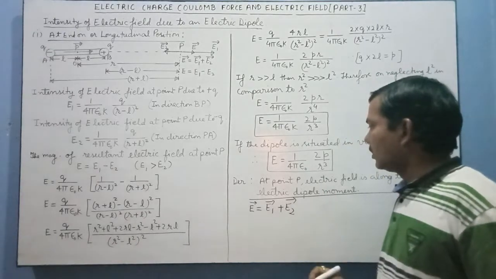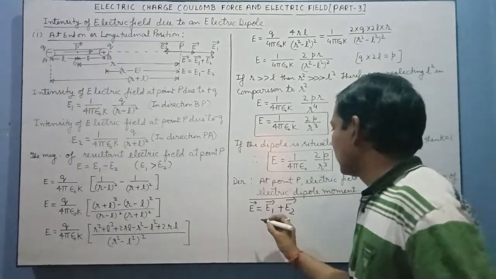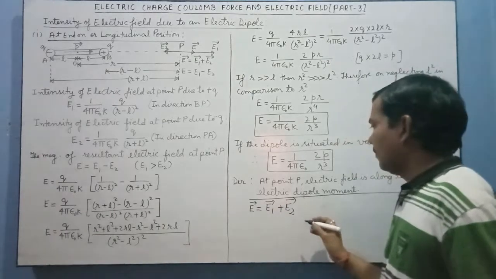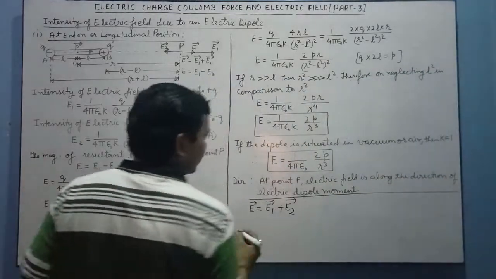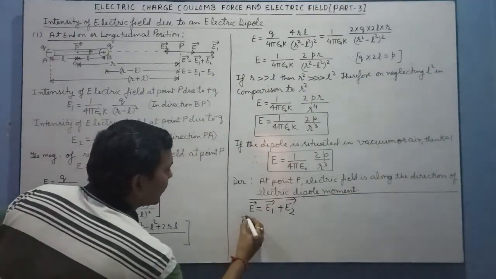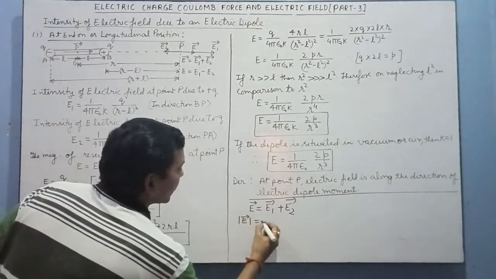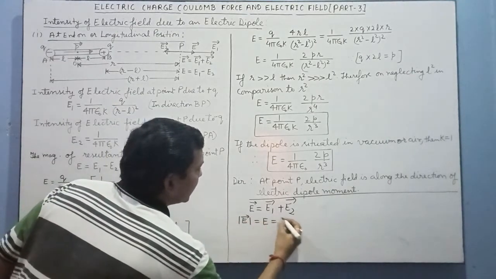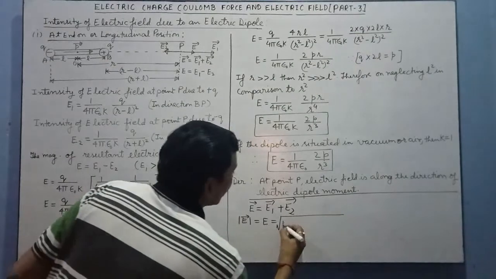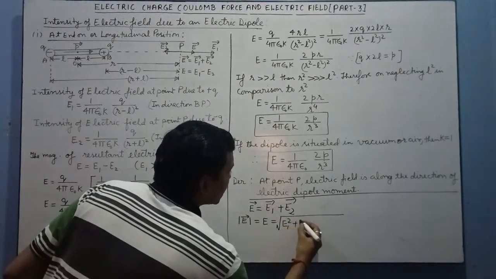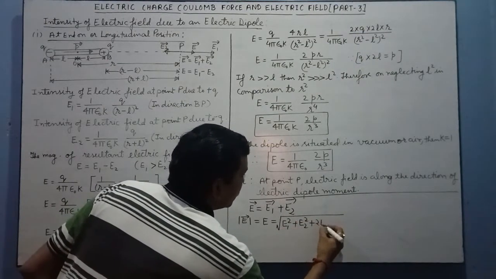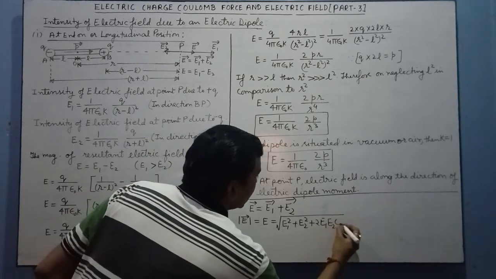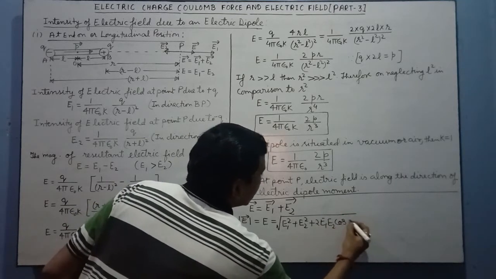Here there are only two electric fields, so we will have the vector sum, and to find the resultant electric field, that is E, this will be under root E1 square plus E2 square plus 2 E1 E2 cos theta.